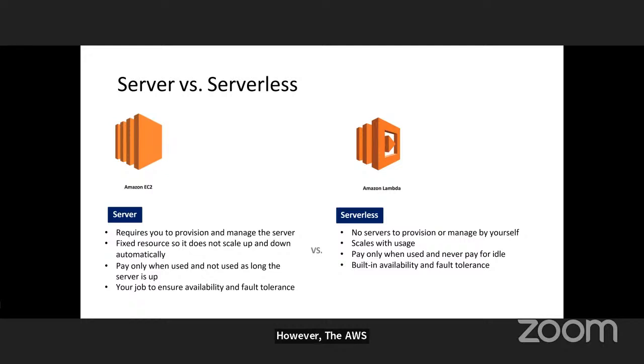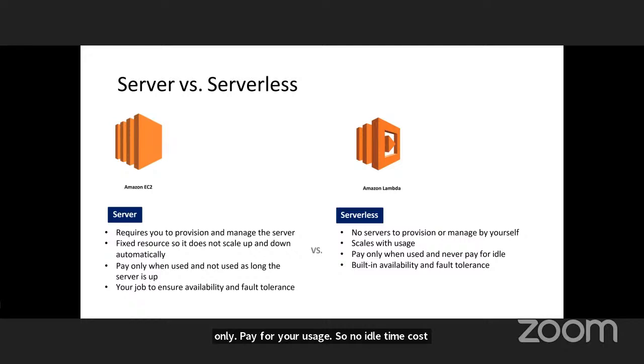So you don't need to provision or manage servers by yourself. It scales automatically based on the usage. And the availability and the fault tolerance are built in, which means less overhead and maintenance for you. Besides, you only pay for your usage. So no idle time cost.